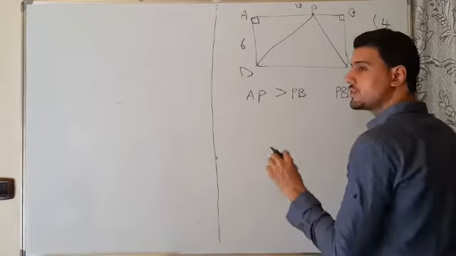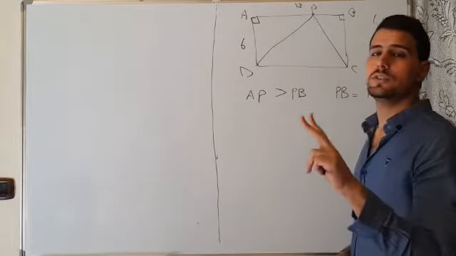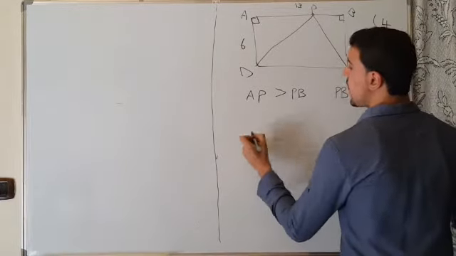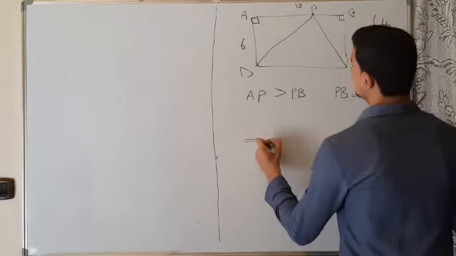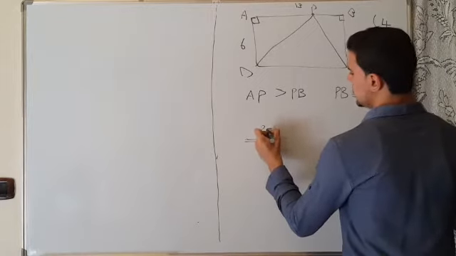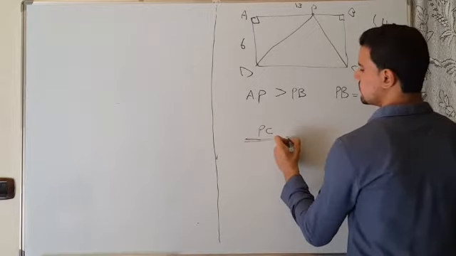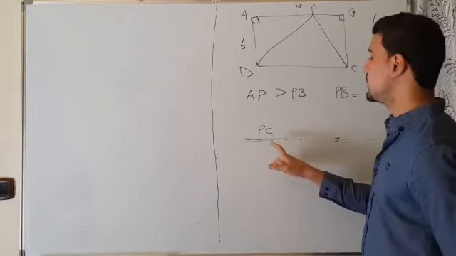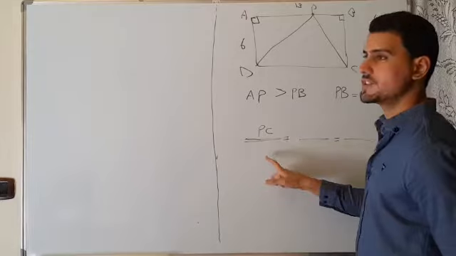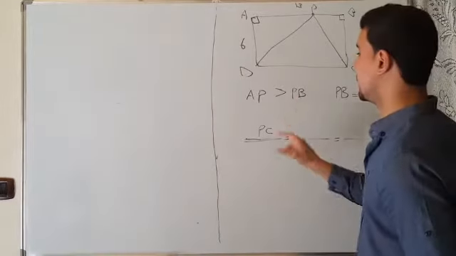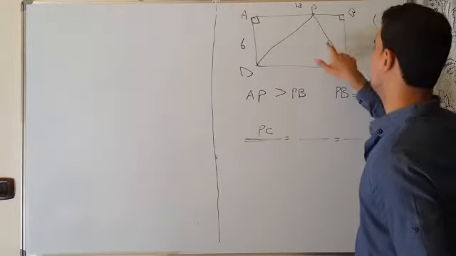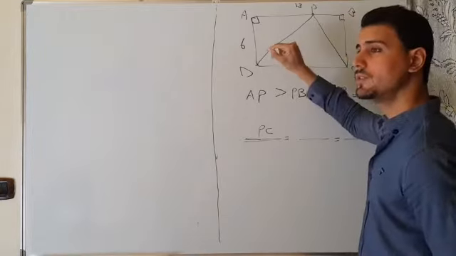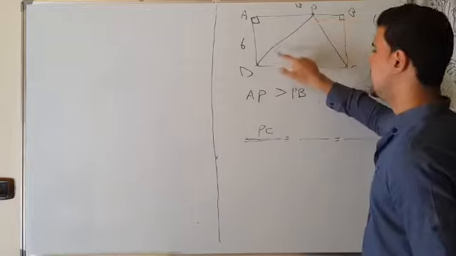First of all, I will write the 3 ratios even though only 2 will benefit us. And the first one I want to start with is BC. Now, who can tell me which side BC corresponds with? Only one side corresponds with BC. PC from the triangle PBC must correspond to exactly PD.